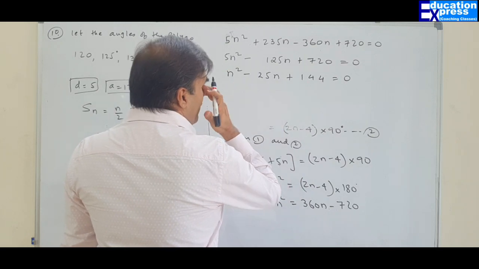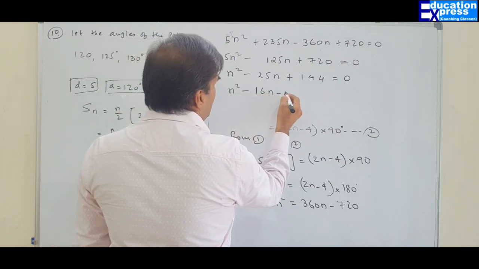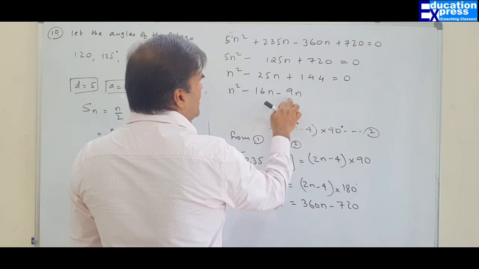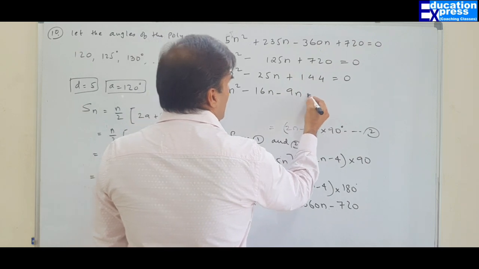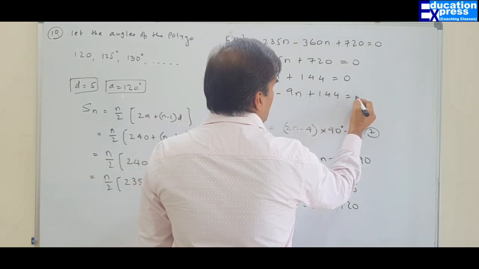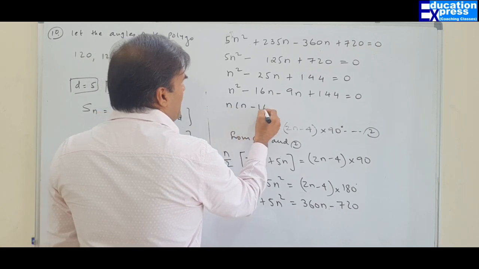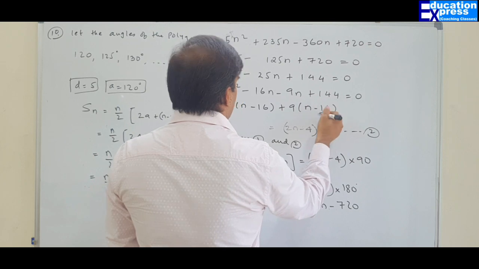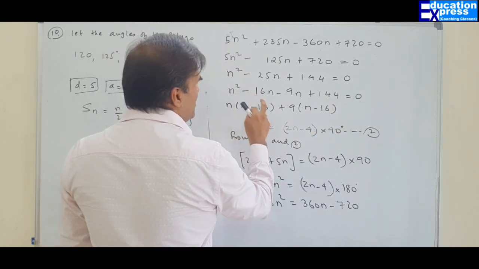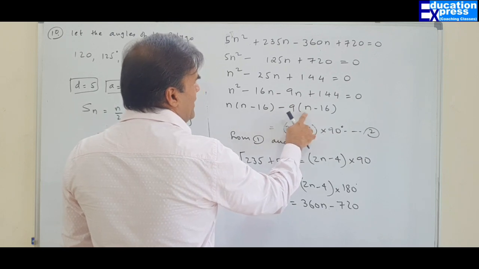So the clear-cut division would be n square minus 16n minus 9n, since 16 nines are 144. Perfect, it fits the given situation, equals 0. So n minus 16 plus 9, n minus 16. Let us check n square minus 16n plus 9n. So it's going to be minus 9n.